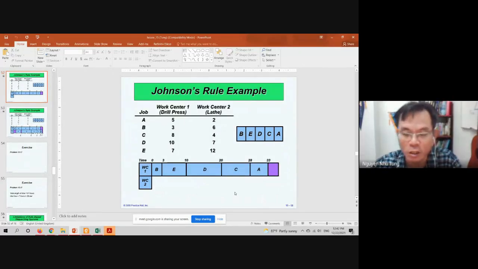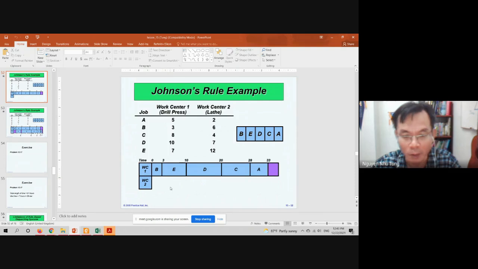All right, so just imagine machine two is the drying machine in your laundry shop. You have to wait for the bundle of dirty clothes to be finished in the washing machine. Let's say machine one is the washing machine.